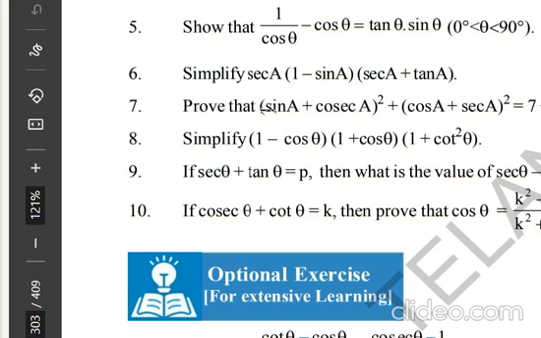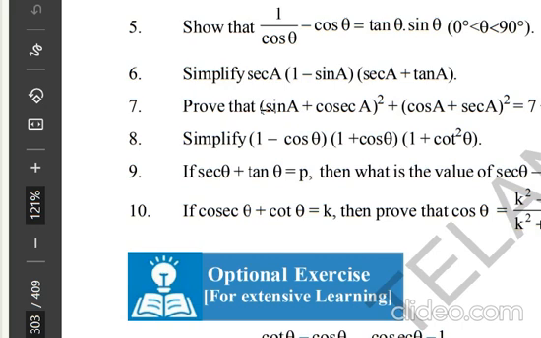Simplify 1 minus cos theta into 1 plus cos theta into 1 plus cot square theta. So what is given?